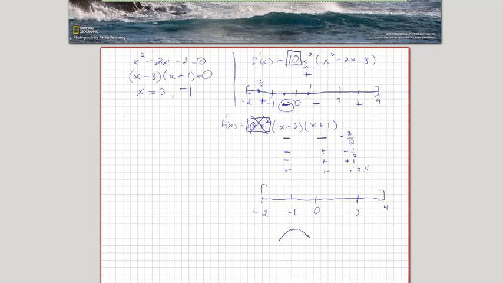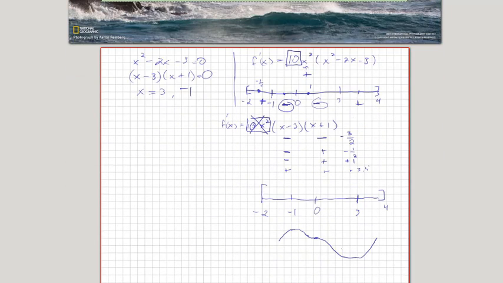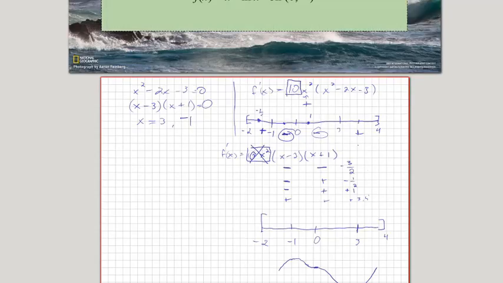Then, because the derivative is 0 again, it must level out again as x approaches 0. However, because the slope stays negative, it keeps going down like this, and then levels out where x is 3, and then starts going up again. Alright, so that's what I'm able to get from the first derivative test.